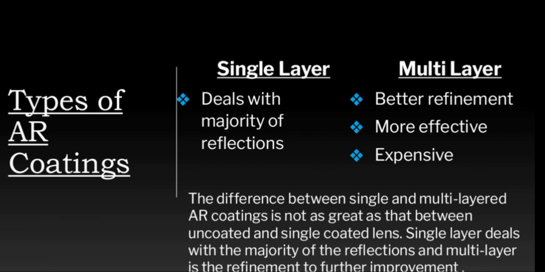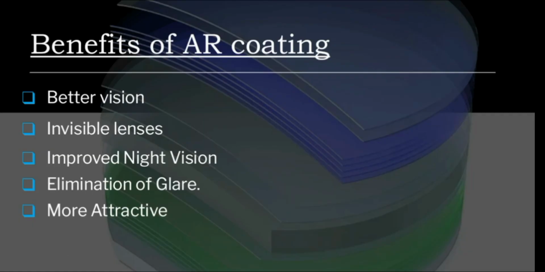But there is a huge difference between a single layer and a non-coated surface, right? Because a single layer helps you deal with a large amount of reflection, but if you want more refinement or more minimization of the reflective surface, you will need multi-layer AR coatings.